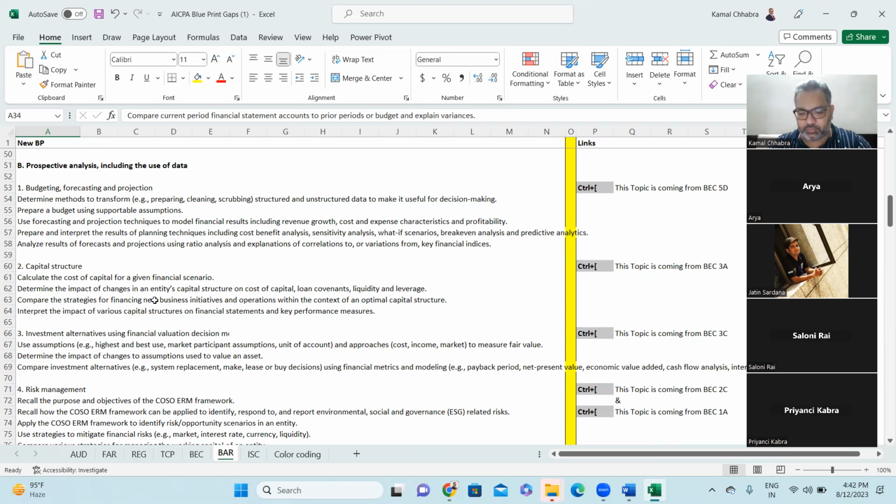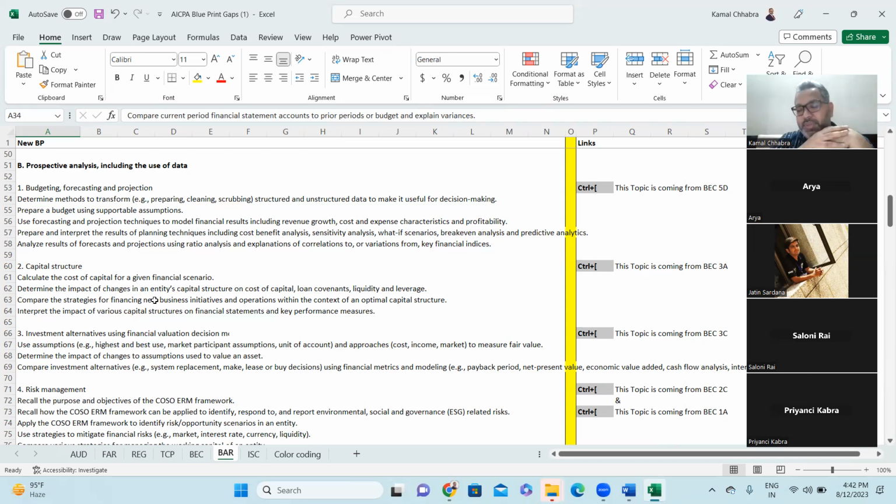Surplus budget, deficit budget. Okay. What else? Have you heard of fixed budget, flexi budget, master budget, capital budget, sales budget, purchase budget? Have you heard these terms? Yeah, few of them.